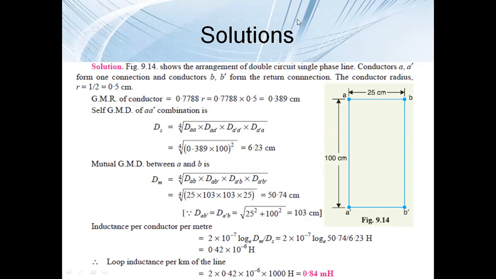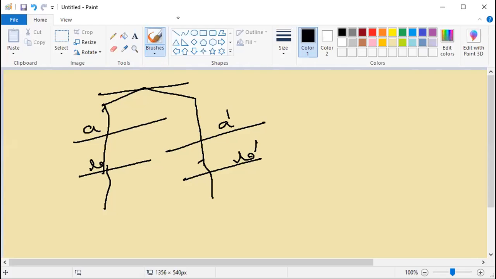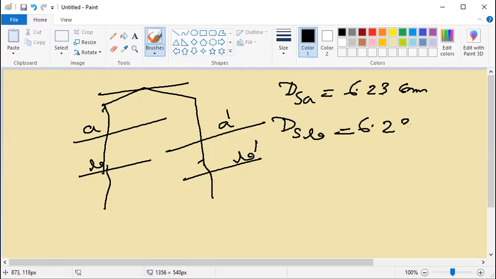Now I will show you on the board. Let us say this DA you have got, that is DSA. That combination you have taken and you have got 6.23 centimeter. Similarly, if you take the DSB combination, you will get the same value. You just do the calculation, you will get the same value.